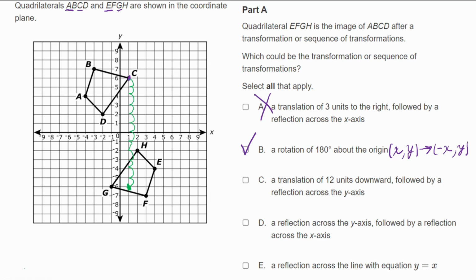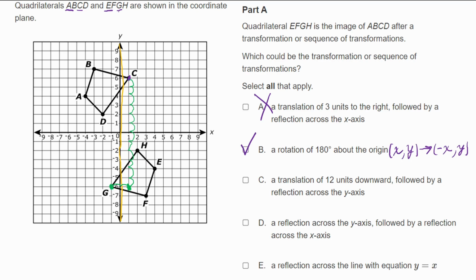Our y-axis, I'm going to highlight in that goldish yellow again. Our y-axis going up and down. That's not perfect, but it's that bold line right down the middle. Right? So if I reflect across that, we go 1 to the line, 1 away, and notice that gives us G. So one of our points is good.